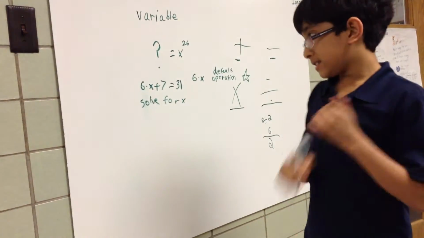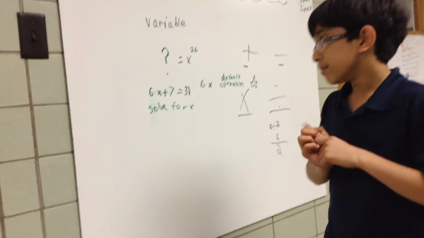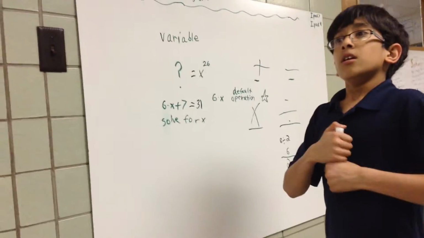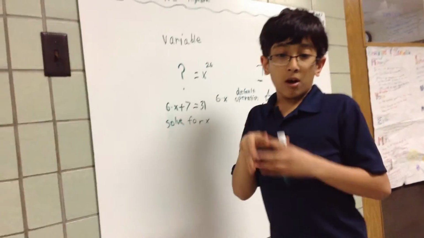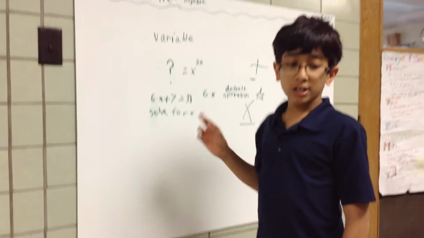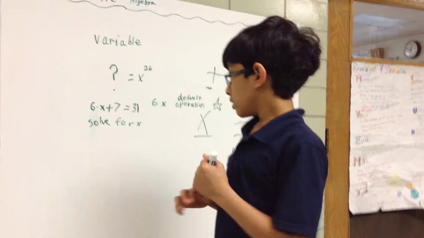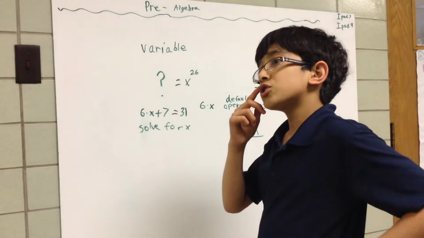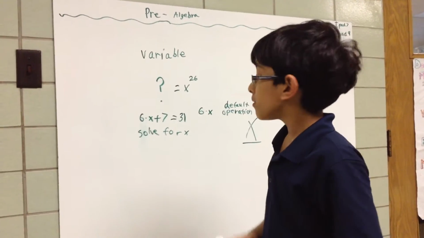Okay. 6 times x plus 7 equals 31. You know that show Odd Squad? In one video, they talked about how you can rearrange numbers, but they're the same. So you can do 31 minus 7, which is 24.